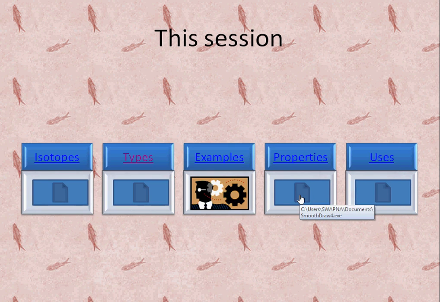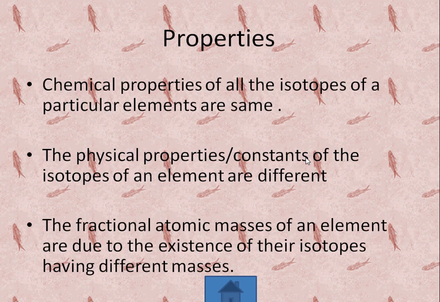So friends, let's conclude the properties. The chemical properties of all the isotopes of a particular element are the same, as the number of valence electrons and the electronic configuration of that element and its isotopes are the same.